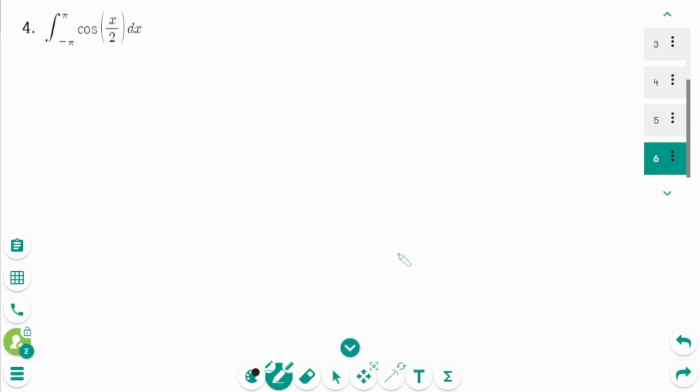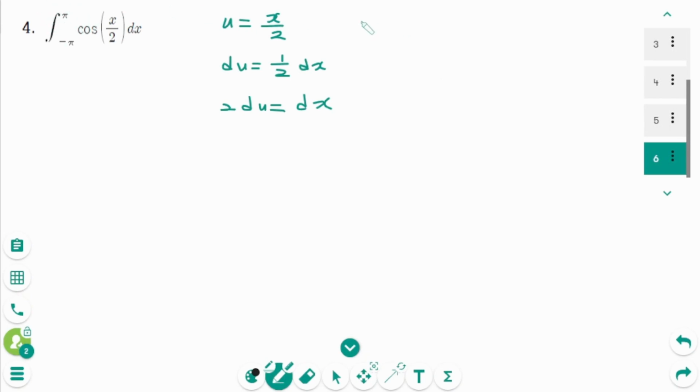Question 4. In order to check whether the solution by the shortcut is correct, let's first integrate with the substitution method. Let u equal x over 2, then du equals 1 over 2 dx. Times 2 on each side: 2 du equals dx. Let's change the limits.